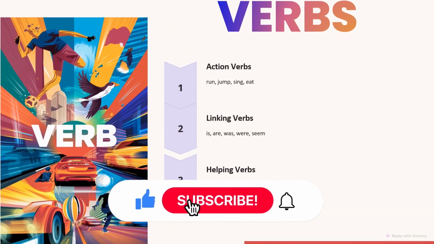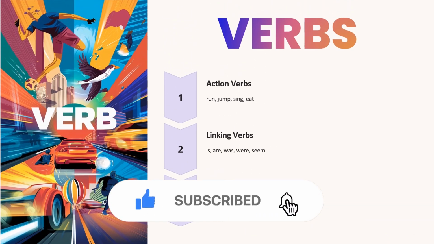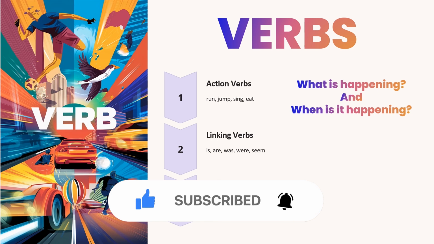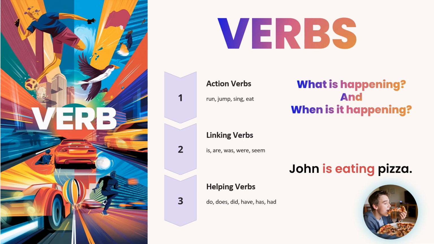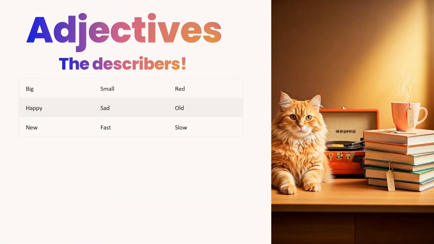Okay, next one is verbs, the action heroes. They show us what is happening and when it is happening. For example, John is eating pizza. Okay, what is John doing? He's eating. Verbs are like those energetic friends who are always doing something. Without them, nothing would happen. Okay, let's get to the next one, adjectives, the describers.